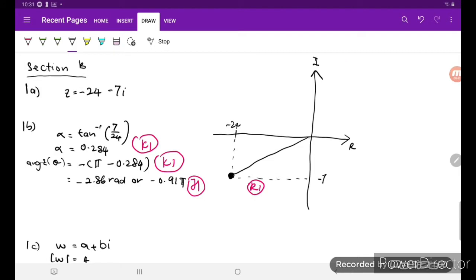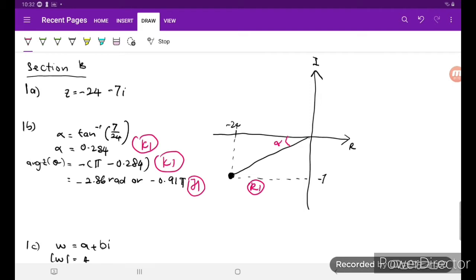Okay, for question 1b, the question wants you to calculate argument z. So before that, you have to calculate alpha, which is this small angle. So for that one is inverse tangent of 7 over 24 without the negative. So you will get alpha as 0.284.